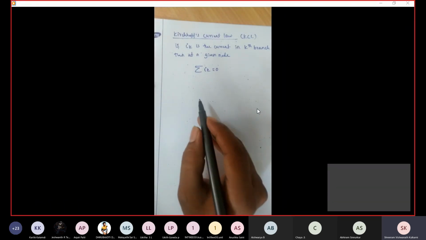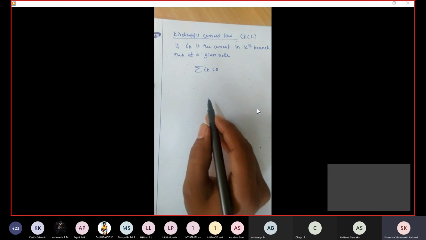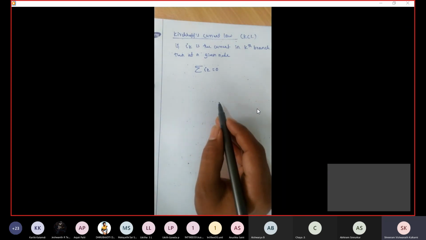The sum is taken over all the branches incident at a given node.